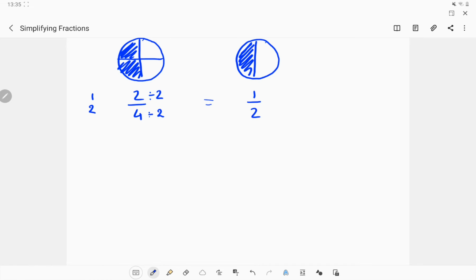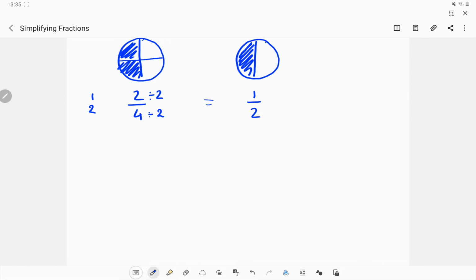So 2 divided by 2, 1, 4 divided by 2, 2, and that is essentially the same as if I took my rubber and I rubbed out that middle line there. Our 2 pieces have become 1 big piece, and our 4 pieces have become 2 bigger pieces. I'll just draw that back in for the moment.